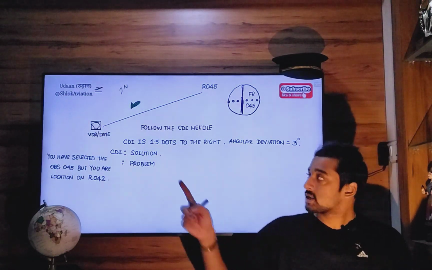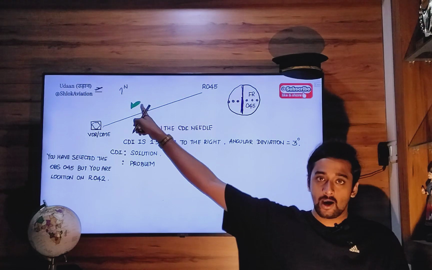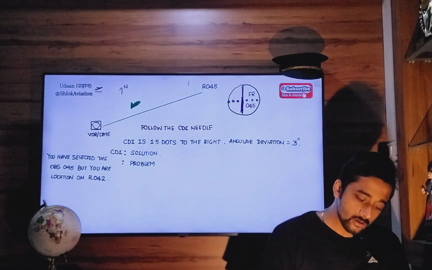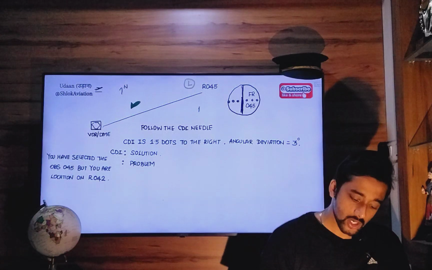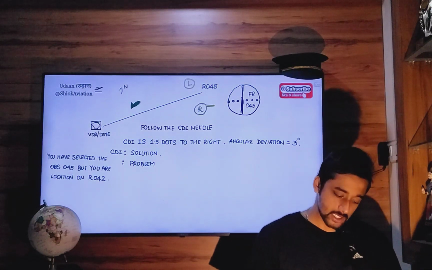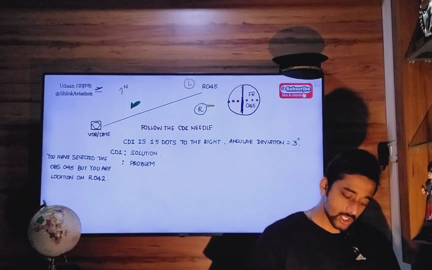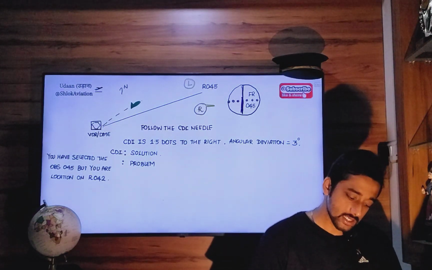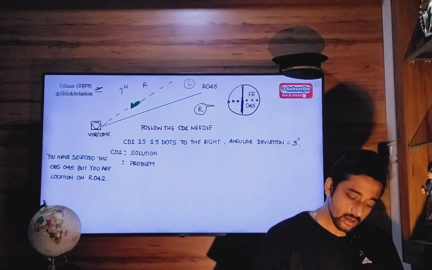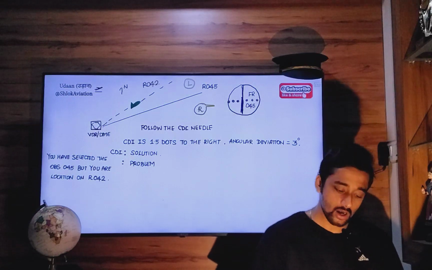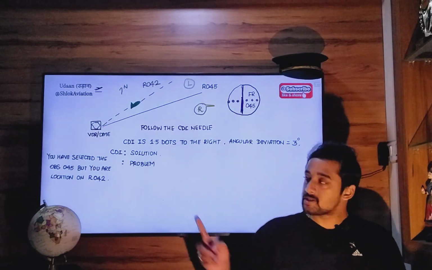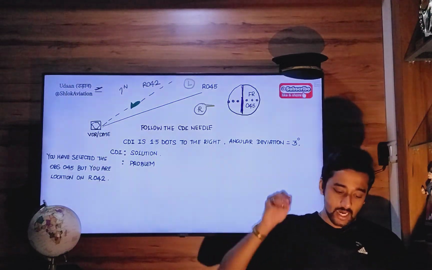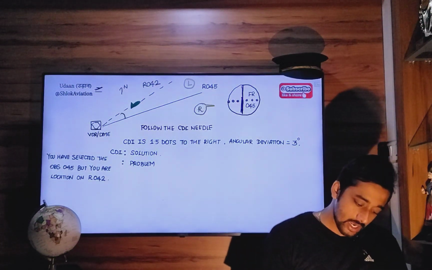We are expected to be on this radial, but we are to the left of it, going outbound. This becomes your left hand side, this becomes your right hand side. Okay, that perspective. So currently you are situated on a wrong radial, and what is that wrong radial? It is radial 042. Because this is radial 045, the correct one. Angular deviation is 3 degrees, so 3 degrees to the left hand side.